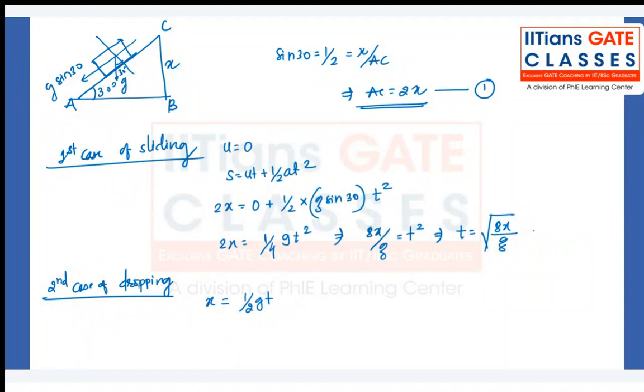Okay, let's call the earlier one t1. So x is equal to half g t2 square. So this implies t2 is equal to under root of 2x by g.